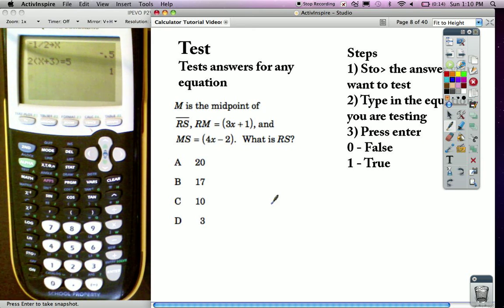Let's look at a problem. Let's take a geometry problem. Okay, so we have the problem: 3x plus 1 is the midpoint of RS. So RS is our line, M is our midpoint, which means that RM, this segment right here, is going to be equal to MS. Alright, so I'm going to solve it.